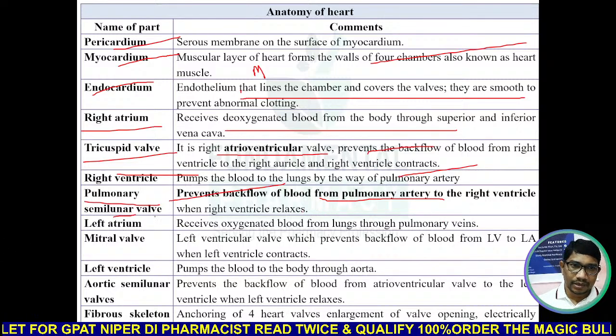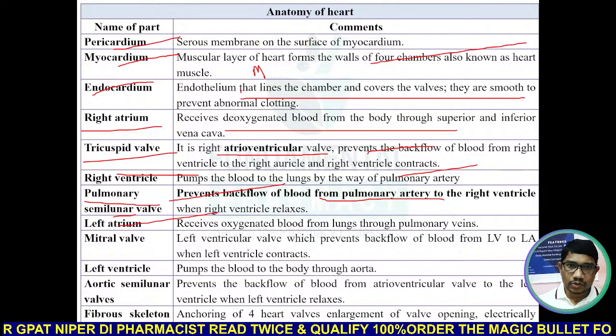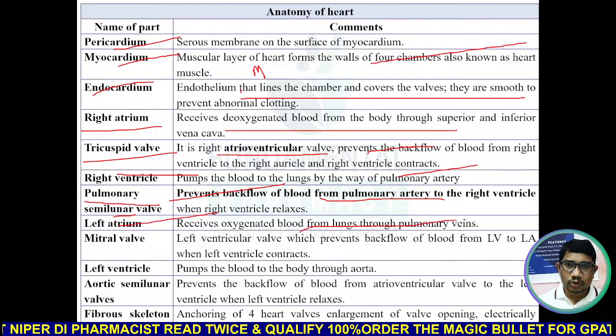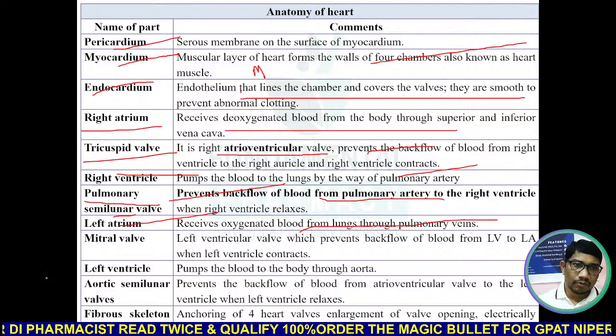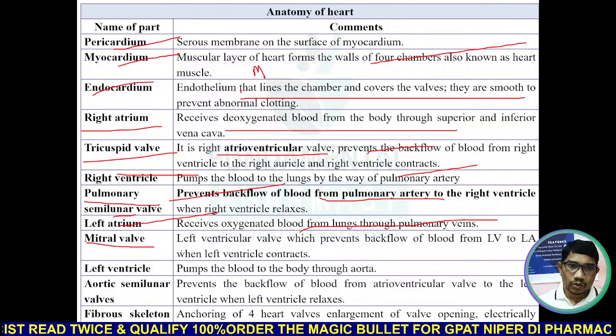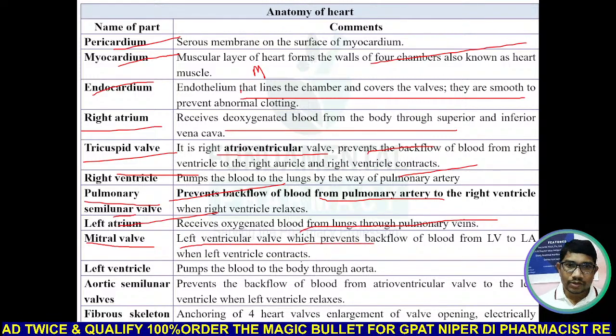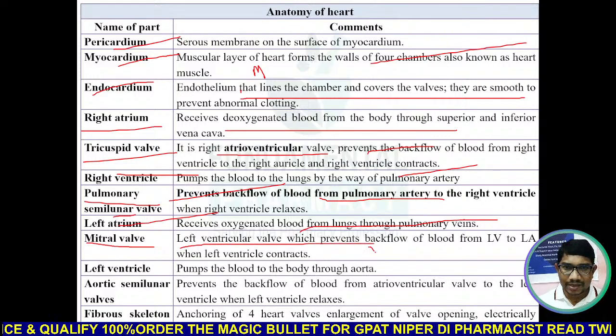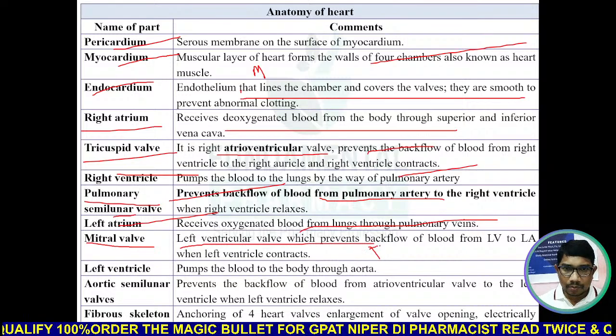What is the left atrium? The left atrium receives oxygenated blood from the lung through pulmonary veins. The mitral valve is between the left atrium and left ventricle, also known as the bicuspid valve.